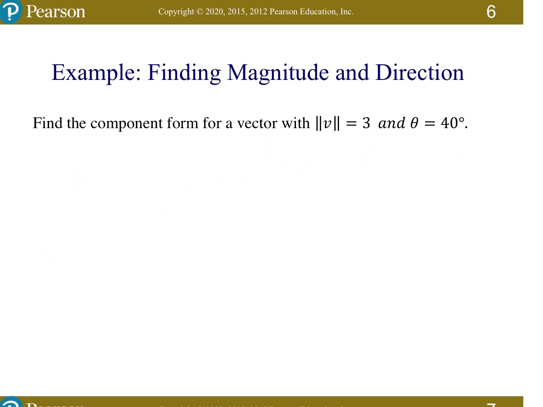It's more common that you'll go the other direction, that you'll be given the direction angle and the magnitude and be asked to find the component form. So again, we'll try and picture this with a 40-degree direction angle. So 40 degrees, about like that. And we know that the magnitude is 3, which would translate to this.